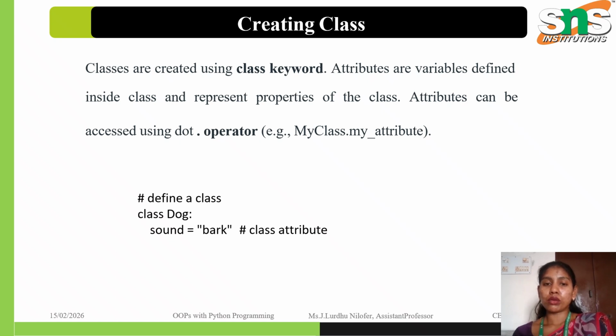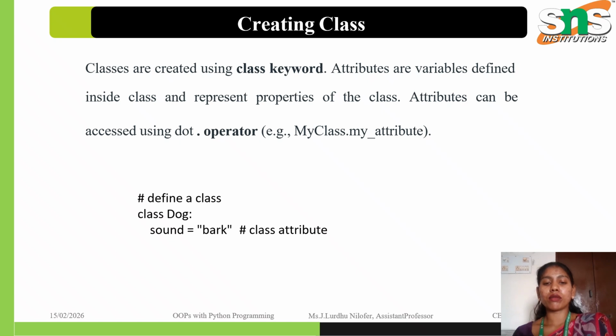After we create a class, the class includes the attributes and variables. Attributes can be accessed using the dot operator. For example, MyClass is a class name, and MyClass dot attribute is an attribute name.